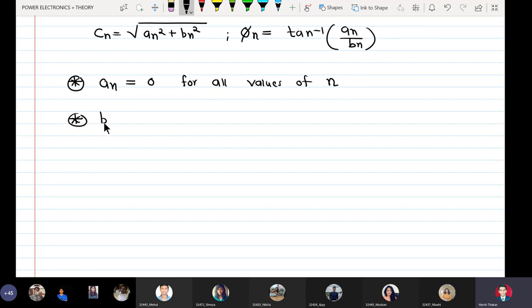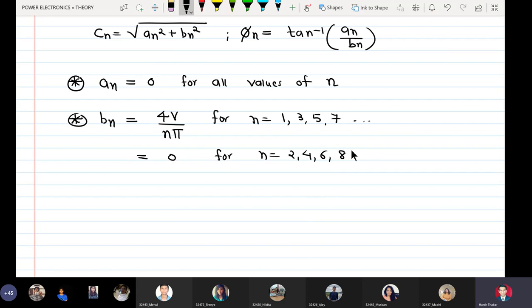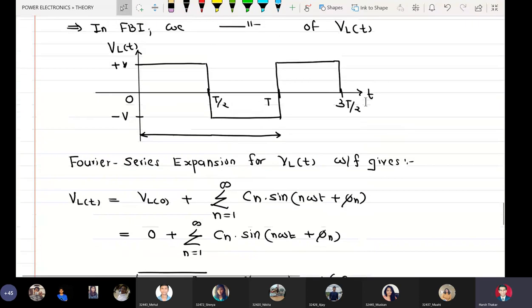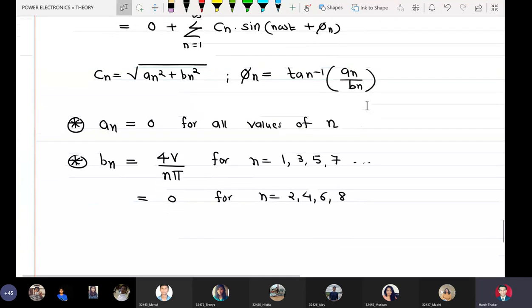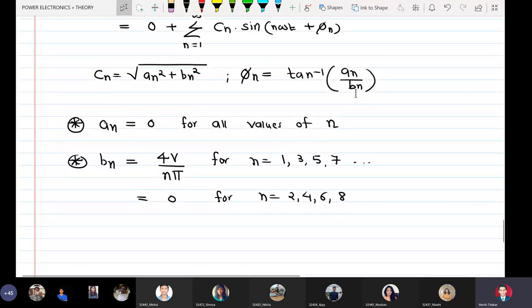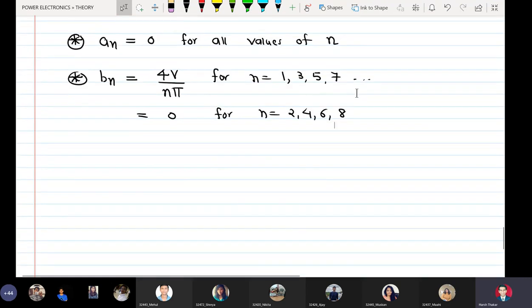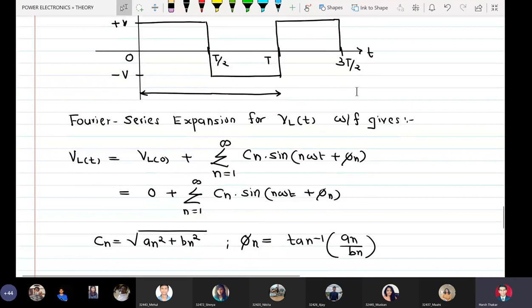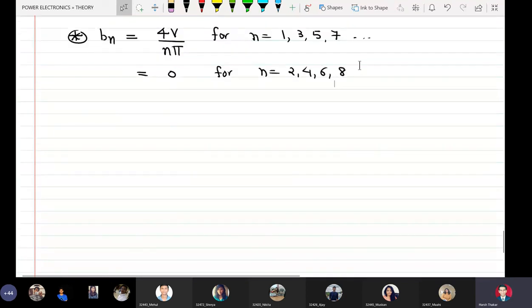But when I solve the expression for bn, I get bn equal to 4V upon n pi for n equal to 1, 3, 5, 7, and I get it equal to 0 for n equal to 2, 4, 6, and 8. So students, the Fourier series expansion of the load voltage waveform for a square bridge inverter gives me the coefficient an equal to 0 for all values of n, and the value of bn exists only for odd values, indicating that this load voltage waveform contains only odd harmonics and does not contain even harmonics.